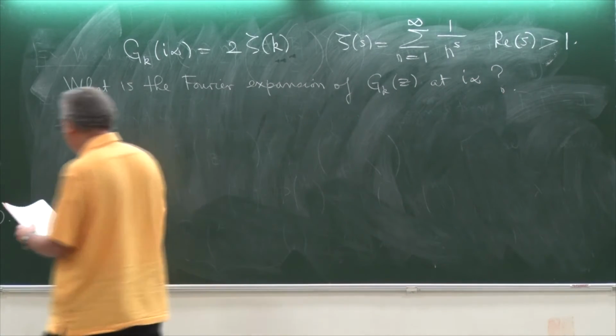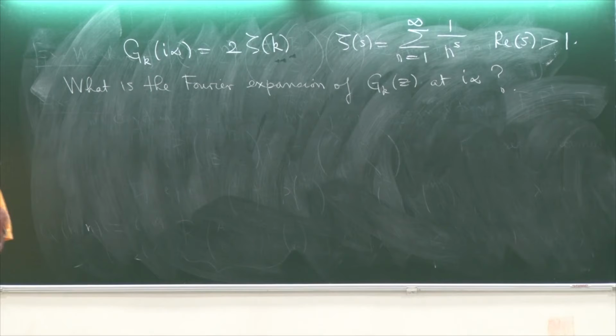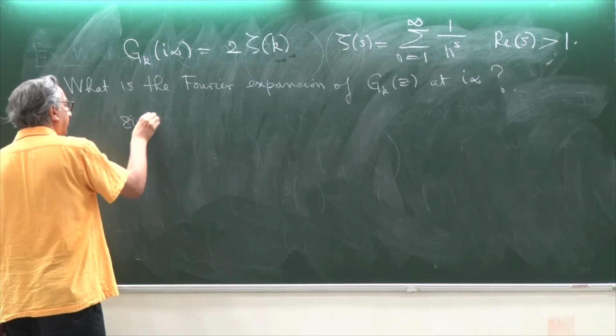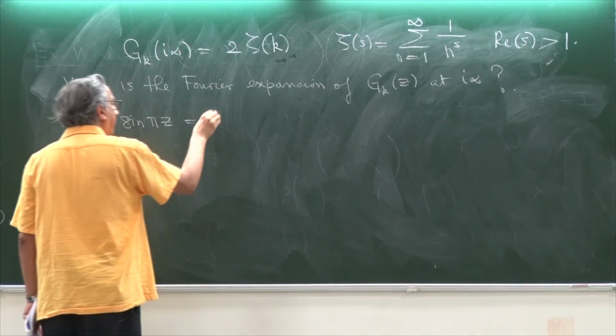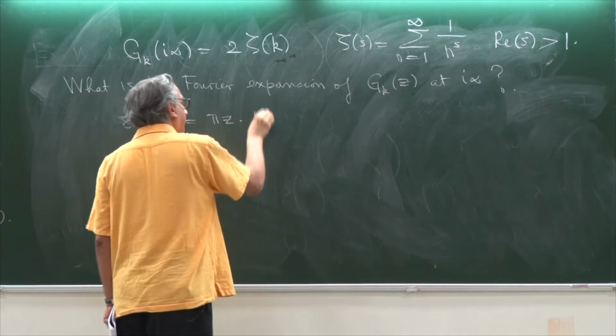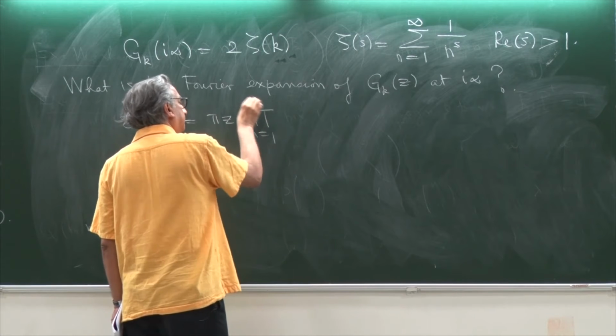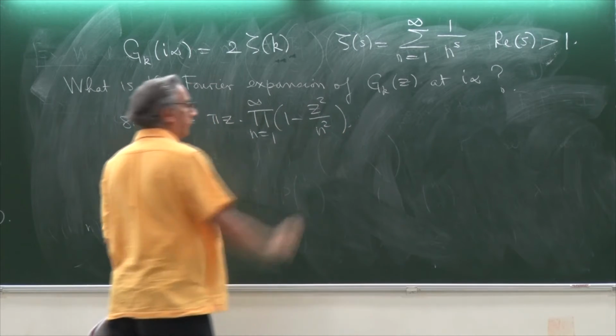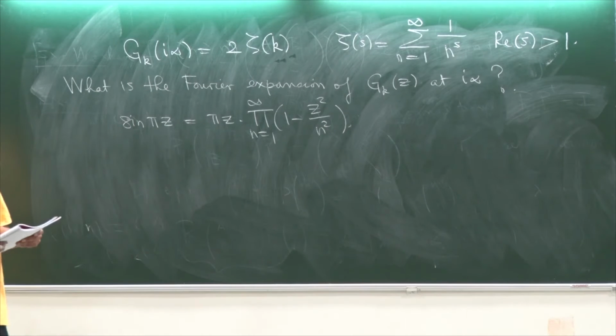And in order to do this, I will require some knowledge from complex analysis, which you hopefully have seen. One of the things I'll need is this product expansion for sine pi z. So hopefully you've seen this somewhere in life.